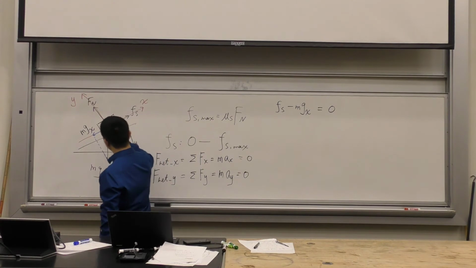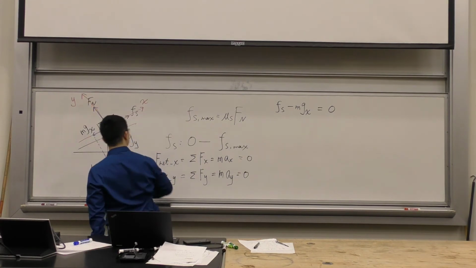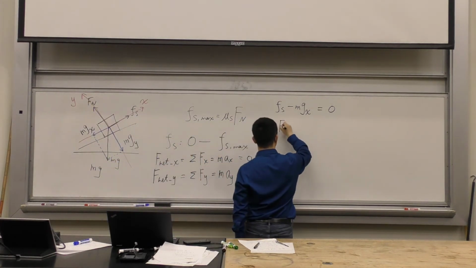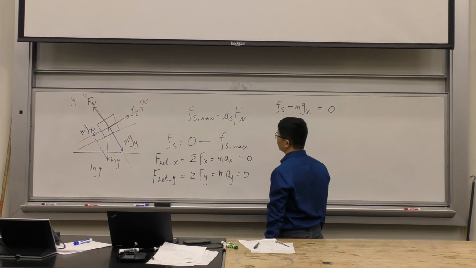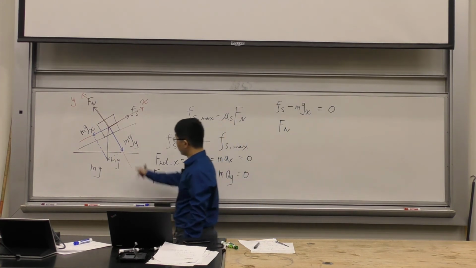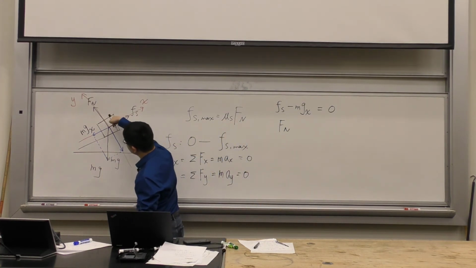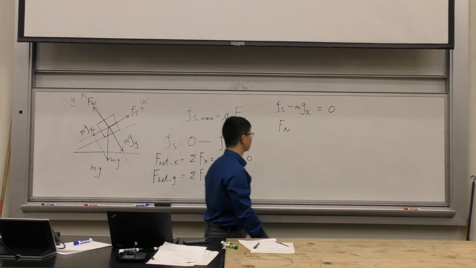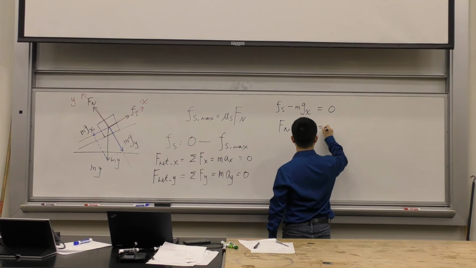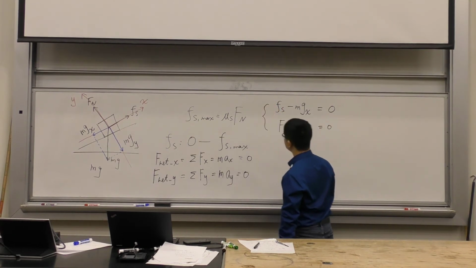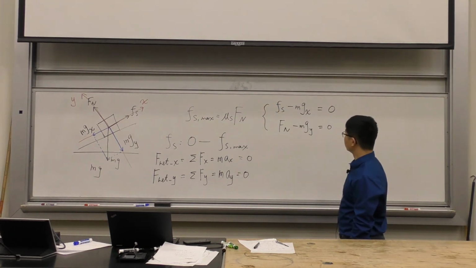In y direction, I have a normal force in positive y direction, so I'll write it down. That comes from the second equation, still Newton's second law in y direction. Now the y component of gravity, again, this is down. If I call that up, this is down, so let's give it a negative sign. Mgy, that's going to be 0. So these are the two equations you get.